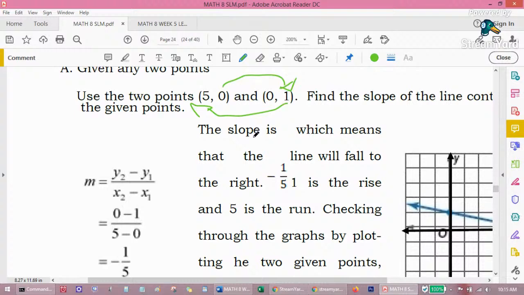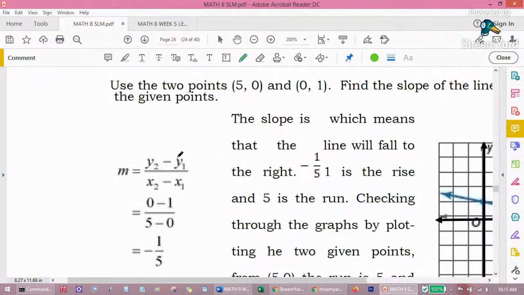Hindi pwede yon. Kailangan kung 0 minus 1, dapat 5 minus 0. So, hindi pwedeng 0 minus 1 and then 1 minus 5. Hindi pwede yun. Okay?